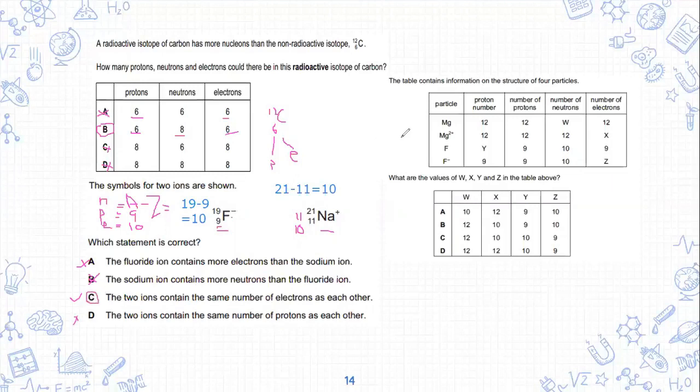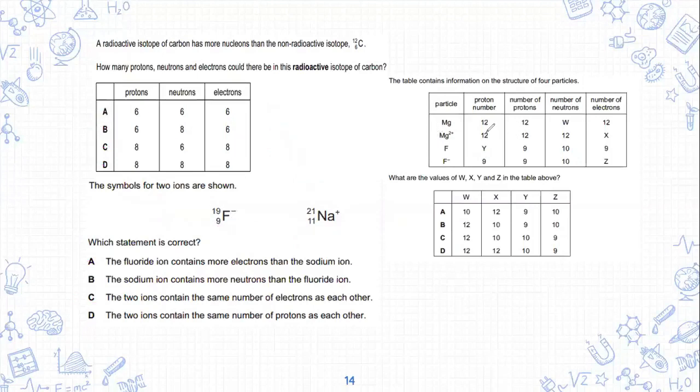The next one is the table contains information of the structure of 4 particles. Now, what are the values of W, X, Y, and Z in the table above? So you have to calculate the number of neutrons, number of electrons, and proton number. What can we find from the periodic table?